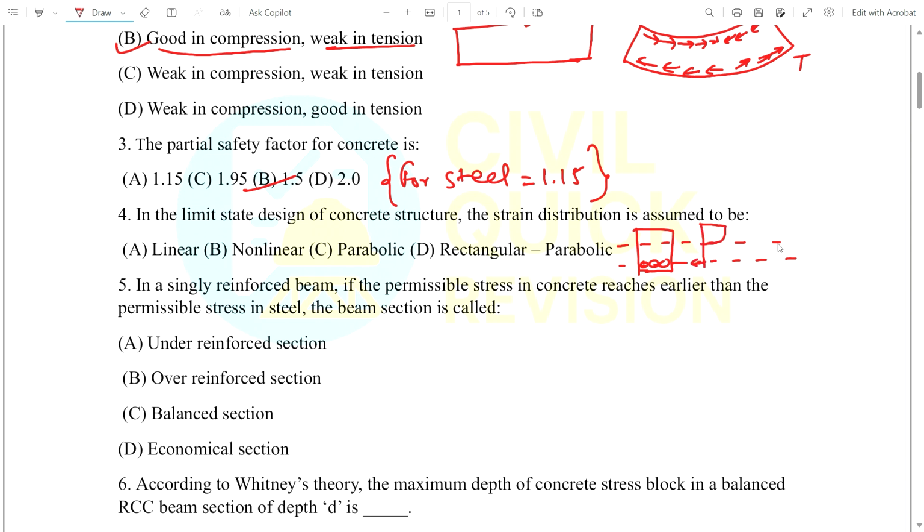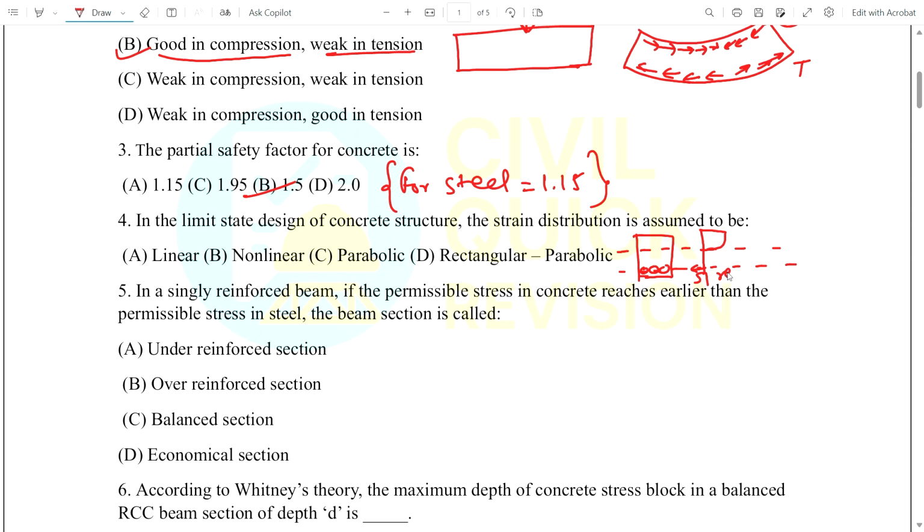This is the stress diagram, and the strain diagram is linear. So option A is the correct answer. In limit state design of concrete structure, strain distribution is assumed to be linear.